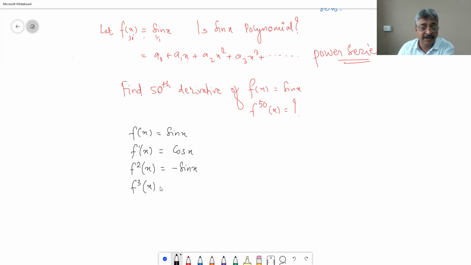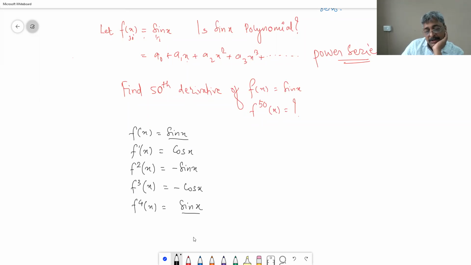F3 of x is equal to minus cos x. F4 of x is equal to sin x. Like we stopped in a recurring decimal number, I think we should stop because I got whatever we started with. And then it is going to continue like this. The pattern is going to be like this.